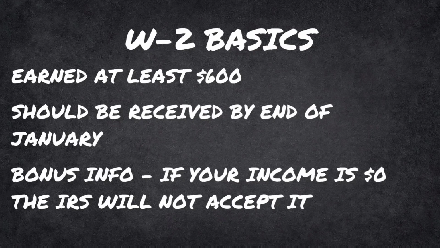So you would fill out a Form 4852, and that is a substitute for the income that you made for that year. And you can turn that in with your tax return.